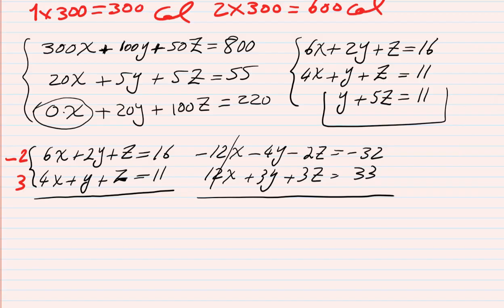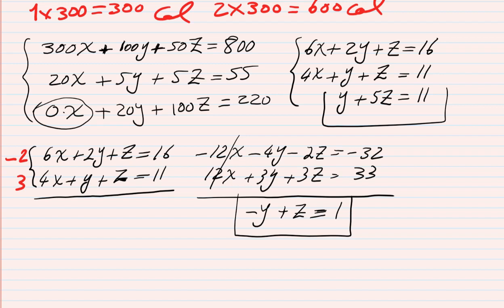Here these add to 0 because they're opposites. Negative 4 and 3 adds to just negative y, and then plus z equals 1. Okay, negative y plus z is equal to 1, and that will give me my second equation.